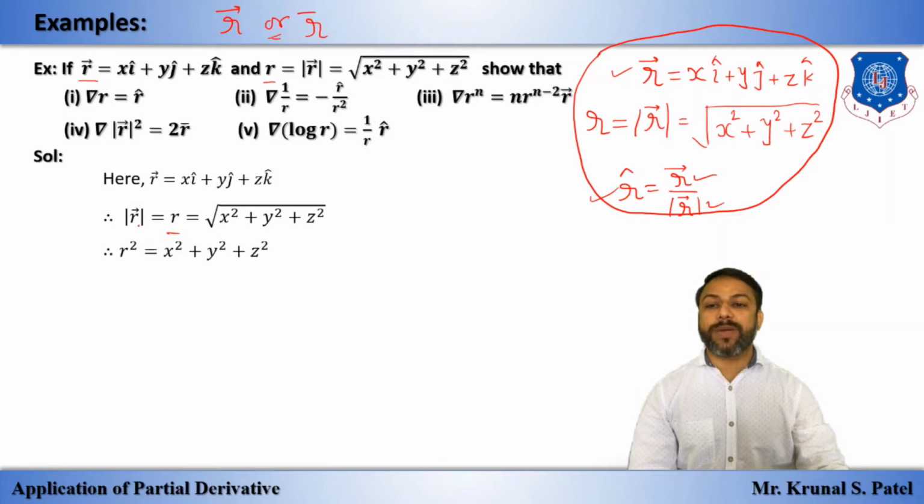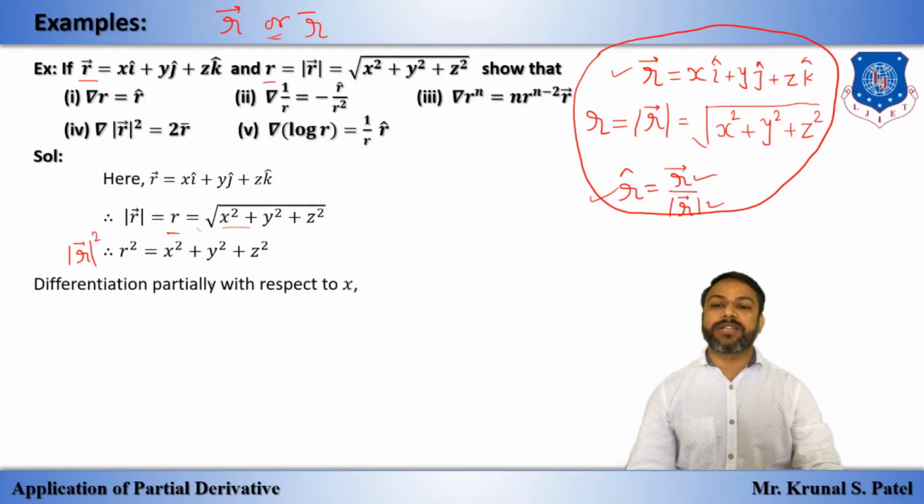Now if we take square on both sides, this becomes magnitude of vector r whole square, r square, is equal to this, because if we take square on both sides, this root is removed. So we have this term.